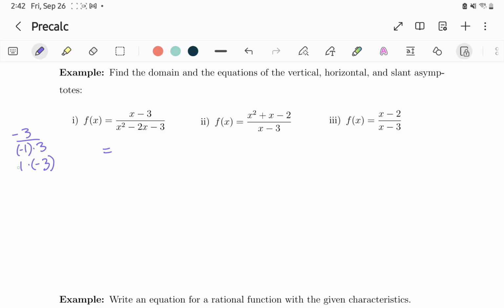And then looking at the other factorization, 1 times negative 3, that's going to give us 1 plus negative 3, or negative 2 for the sum, which is equal to b. So we would use these for the AC method numbers. And since the leading coefficient of this quadratic in the denominator is 1, we can go ahead and use the fast version of the AC method. So we will have x minus 3 over x plus 1 times x minus 3.